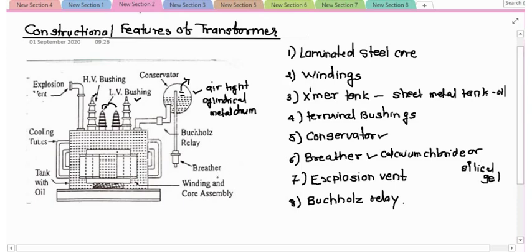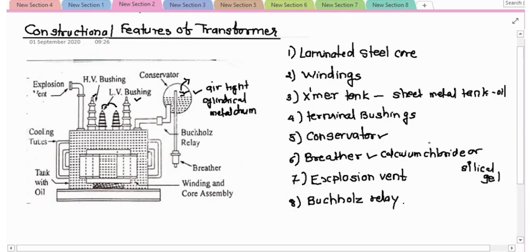The breather also cleans the air by removing the dust particles present in it. Thus only dry and clean air is allowed to come in contact with the oil in the transformer as well as the conservator. Here also, the expansion and contraction of the oil is handled by means of the breather only.